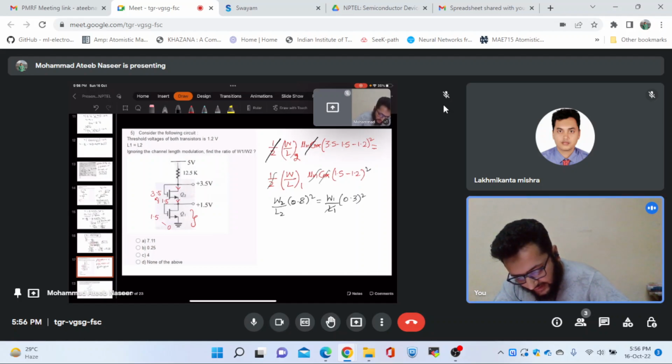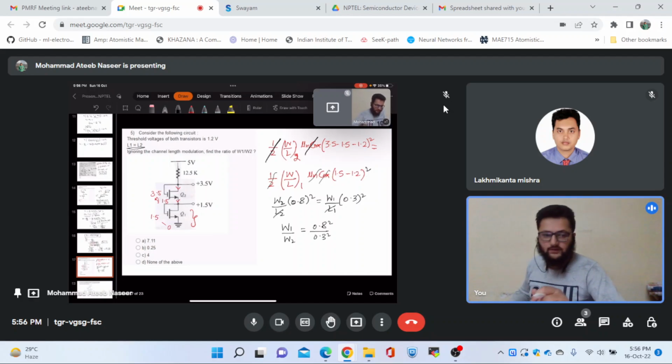So this L1 and L2 will go since both are equal. Okay, so W1 by W2 will simply be equal to 0.8 square by 0.3 square.